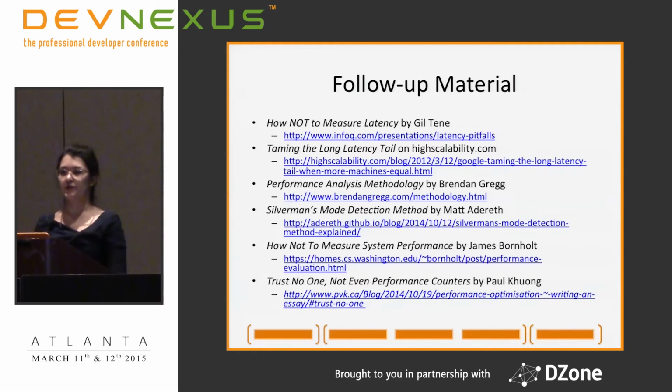There are many wonderful resources out there on how to write better benchmarks. I'll make sure to post the slides, but also feel free to use the great search engine. And one of the things that I thought was interesting, at the bottom, is trust no one, not even performance counters.